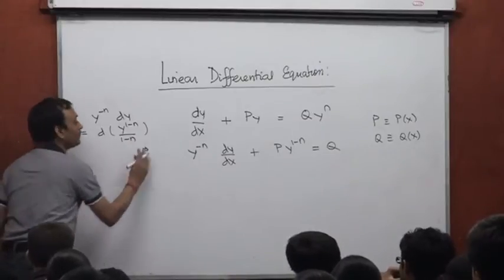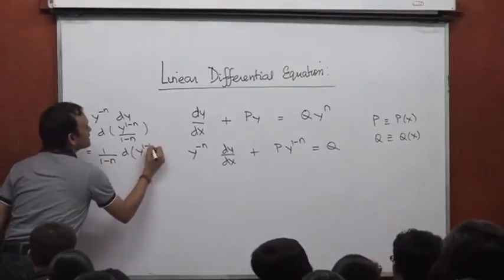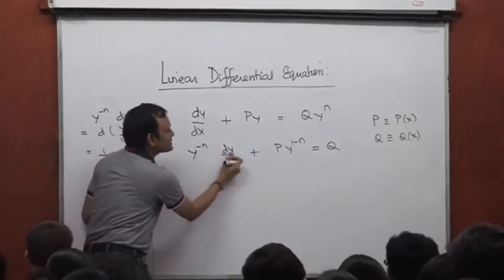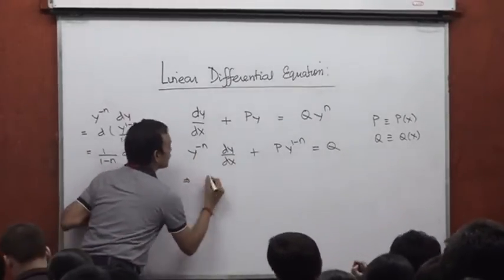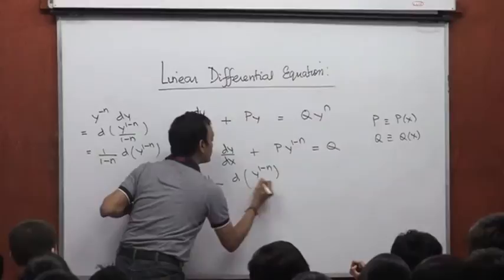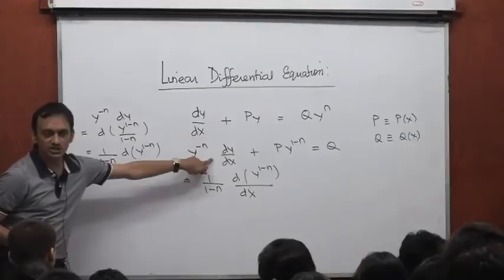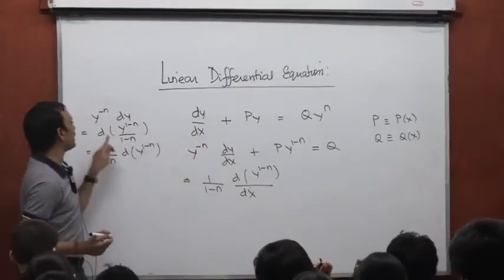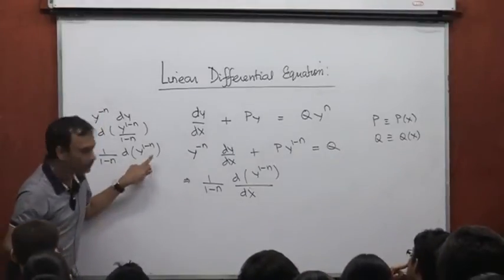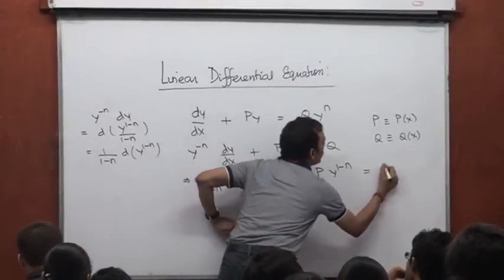So y to power minus n dy could be written as 1 by 1 minus n d of y to power 1 minus n, yes or no? Plus py to power 1 minus n is q.